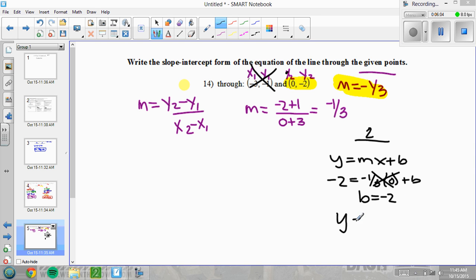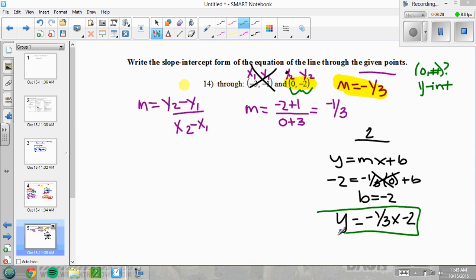So y equals negative 1/3 x minus 2. Now, could we have used the first point? We could have, but what do you notice about this point right here? What do we call it when it's 0 and then the number? That's our y-intercept. So once you find slope, you have your slope and your intercept, and you could have gone directly to this step. But say you didn't remember that, you could still go through this.